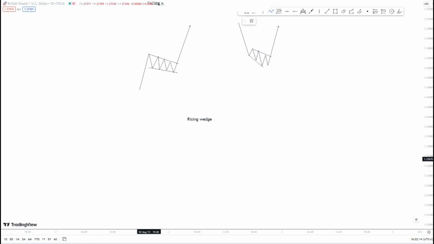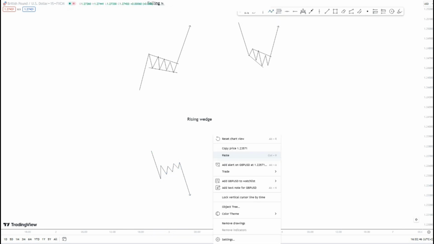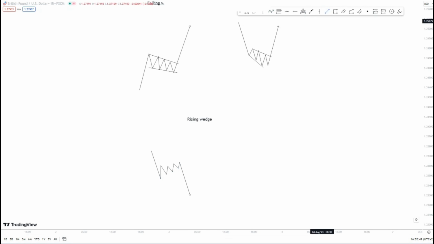Now how you spot this is that price will be going down and then it's going to start correcting towards the upside like this. Let me just do that again. Price is going to be falling and then it's going to start correcting like this, giving you a nice wedge, and then afterward you're going to get your next impulsive move. And then you can draw your trend line like this.